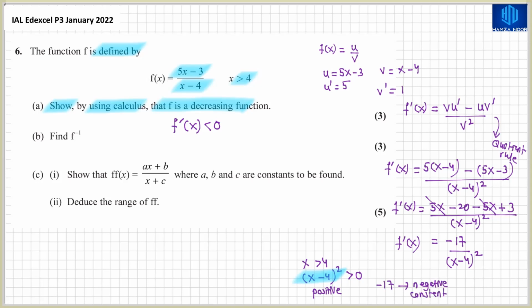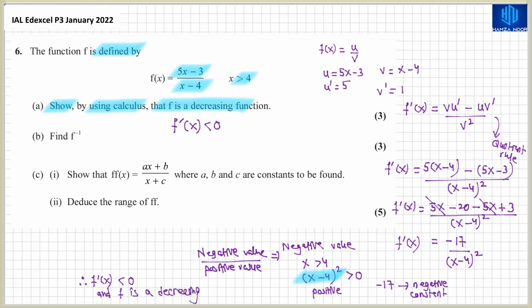Whenever a negative value is divided by a positive value, you will always get a negative value. So here we can make a concluding statement that therefore f'(x) is less than 0 and f is a decreasing function. This is basically the answer to part A.